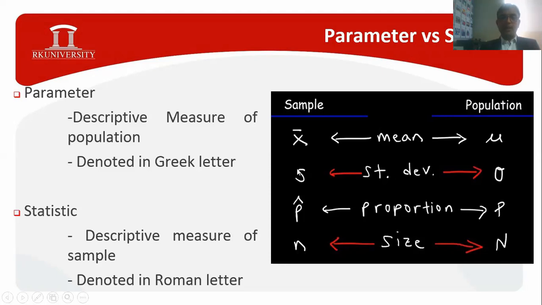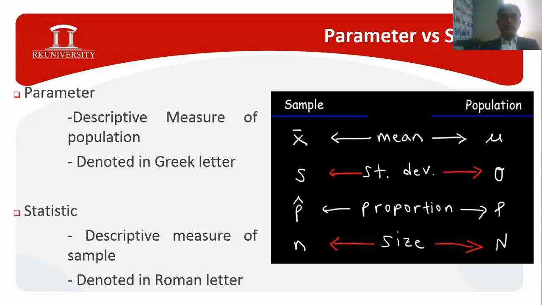And x bar, s, p cap, and n will be called sample statistics. So this is the first difference between the two terminologies which we are going to use in inferential statistics, parameter and statistic.